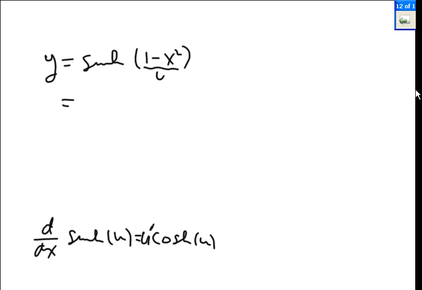That's u. It's the derivative of u, which is negative 2x, times cosh of u. And u is 1 minus x squared, and I shouldn't say equals, I should say y prime equals.